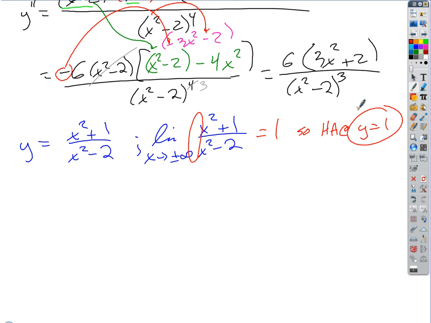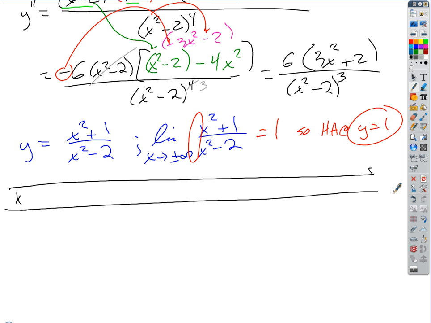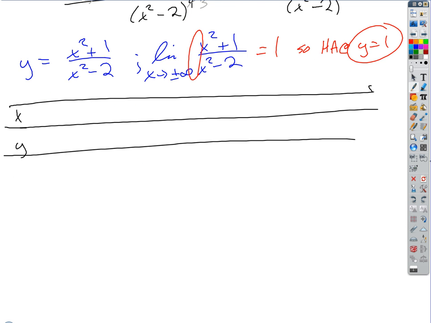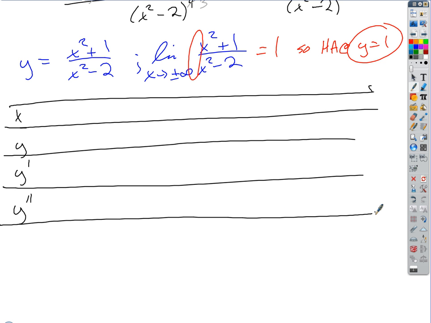Okay? So now let's put all this stuff in our table. We can take a limit as we approach negative infinity.